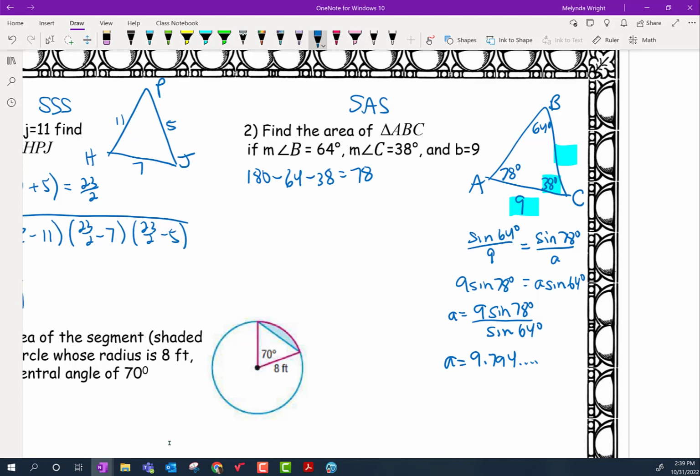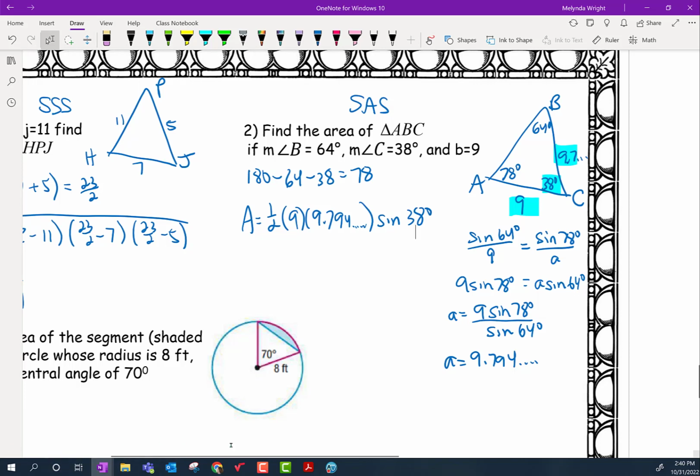So if I set up my area formula, I've got 1/2 times 9 times 9.794, all of that, sine of 38 degrees. Okay, so I'm going to go back and put all of that in my calculator. So using my formula, 1/2 times 9 times the measure we just found times sine of 38 degrees.